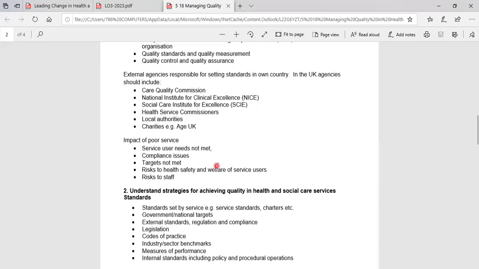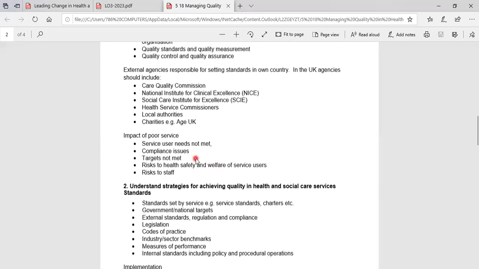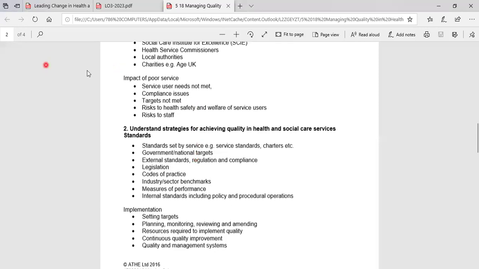You have different techniques to assess and discuss what could be done next, what priorities you have, and how they could be achieved. Then there are risks to health and safety, the welfare of service users, and risks to staff. These are all the impacts of poor quality service.